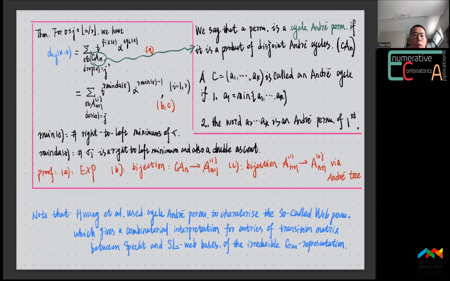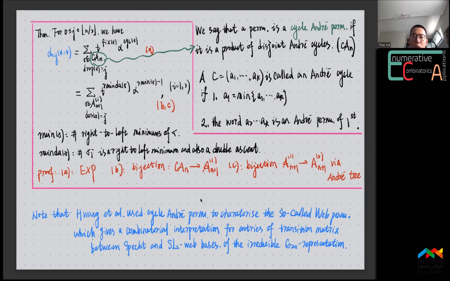Using these two permutation statistics, André permutations and cycle André permutations, we prove this using, for A, the exponential function, and from A and B, we derive a bijection from the cycle André permutations to the André permutations, and also a bijection for the two-sided André permutations.